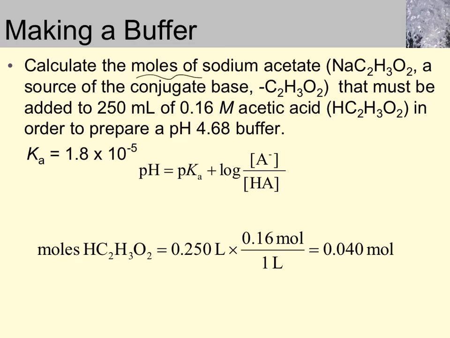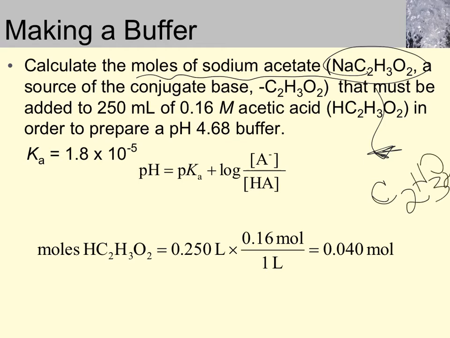Calculate the moles of sodium acetate. Remember what I said, salts are a source of the conjugate. So what they're trying to get here is C2H3O2 minus. That is the acetate ion, which serves as a conjugate base in this case.